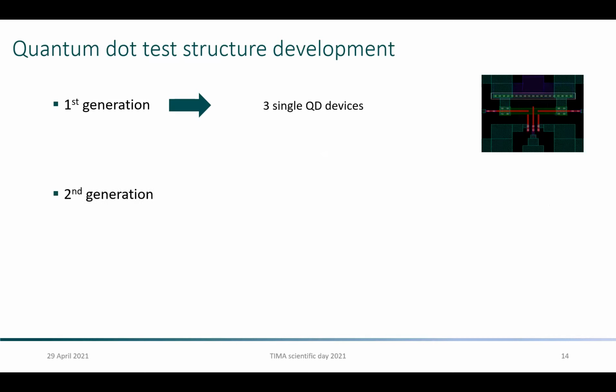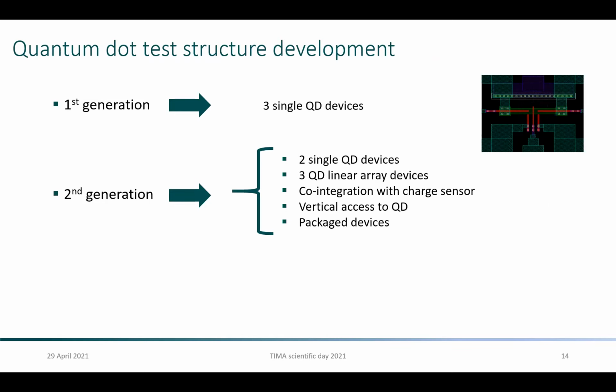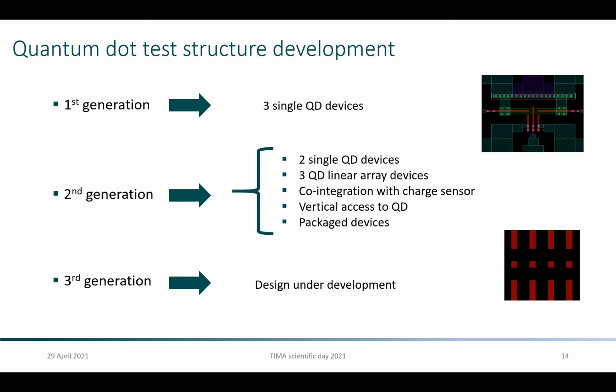On the second generation, I designed two different types of single quantum dot devices, 3 different quantum dot linear arrays, and a co-integrated device with a charge sensor to detect electrons coming in and out of the quantum dot, with vertical access to the dot gates, as you can see in the picture here. I'm currently measuring these devices, and I'm also designing the third generation of quantum dot test structures.